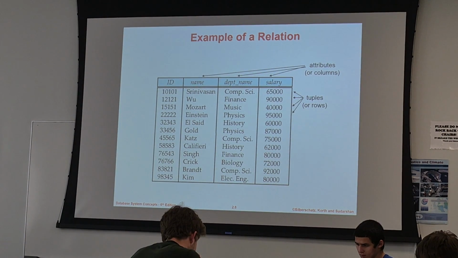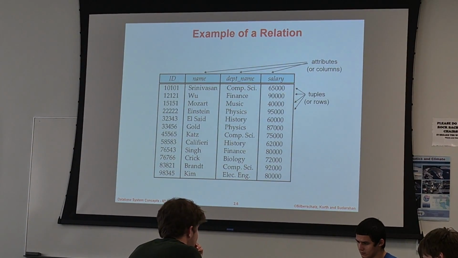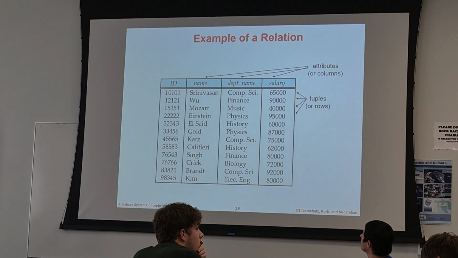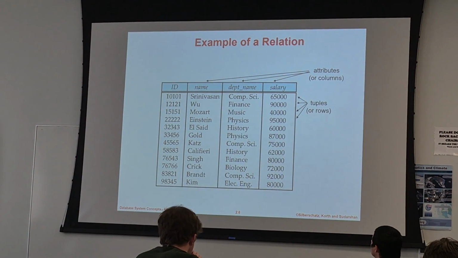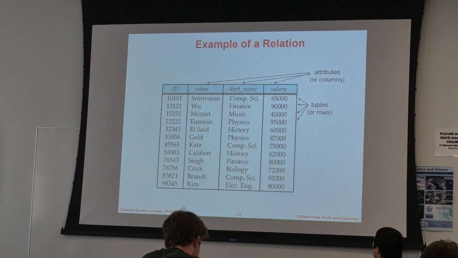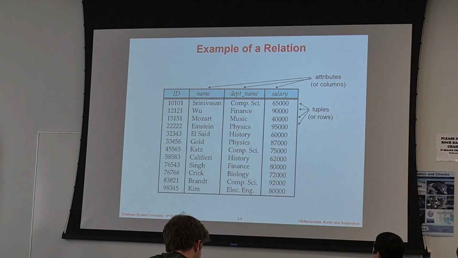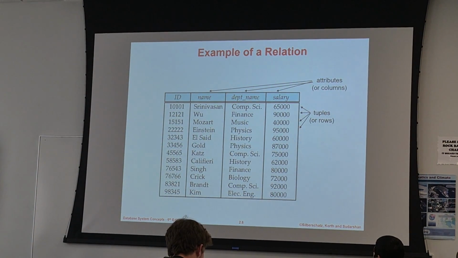So here's an example of what your book author will call a relation. You can recognize this as just a table. This is the spreadsheet view of a table. All of the tables that I show you, at least the ones that are blue and white with this color scheme, match the database schema handout that I gave you a week or two ago.